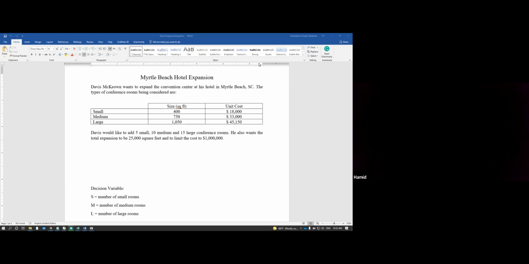There are different ways of formulating such problems, but here I'm showing one of them. Again, we use abbreviations. S stands for small rooms, M for medium rooms, and L for large rooms. They are the most intuitive decision variables that come to mind, because we should decide how many rooms of different configurations we might look for.